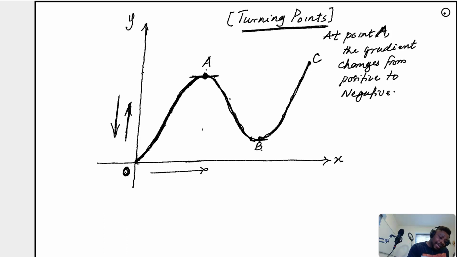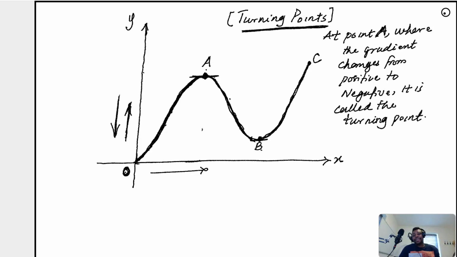So at point A, where the gradient changes from positive to negative, it is called the turning point. So when someone asks you what is meant by turning point in quadratic graphs, turning point is the point where the gradient changes from positive to negative, or where the gradient changes from negative to positive.